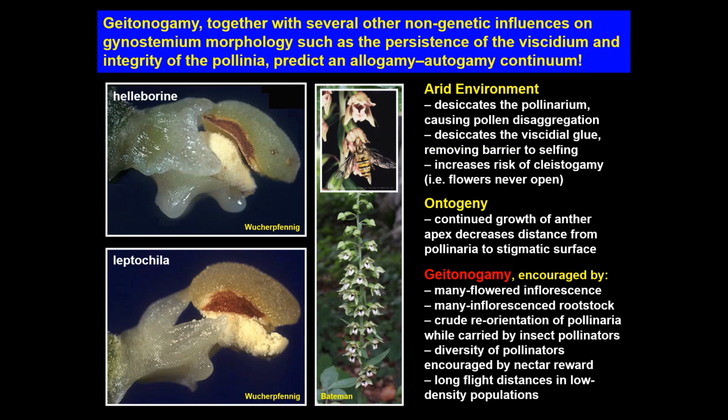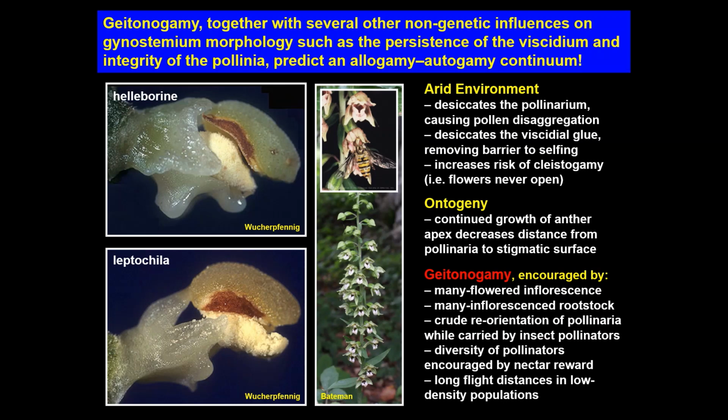Also a many-inflorescence rootstock, and these Epipactis all have rhizomatous growth, so many of them produce multiple inflorescences. You get a crude reorientation of pollinaria while the pollen mass is carried by an insect, whereas in other more advanced orchids you get a much more effective system of reorientation, in Orchis, for example.